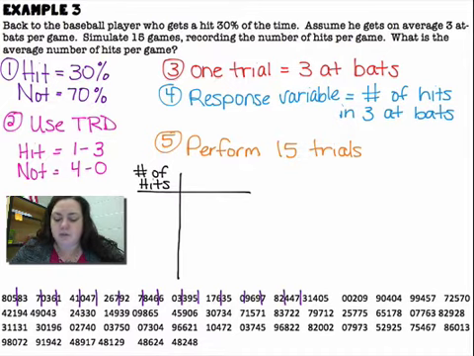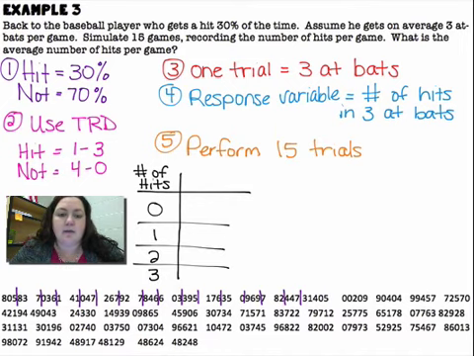Okay, number of hits. I could get 0 hits in a game, 1 hit in a game, 2 hits in a game, or 3 hits in a game. The first one, 8, 0, and 5, that's 0 hits. The next one, he got 1 hit in that game. The next game, he got 1 hit. The next game, he got 2 hits. The next game, he got 0 hits.